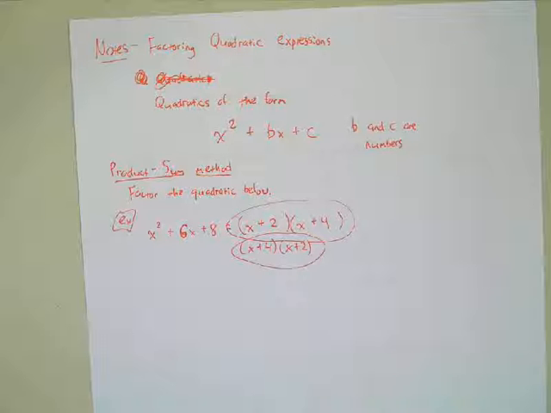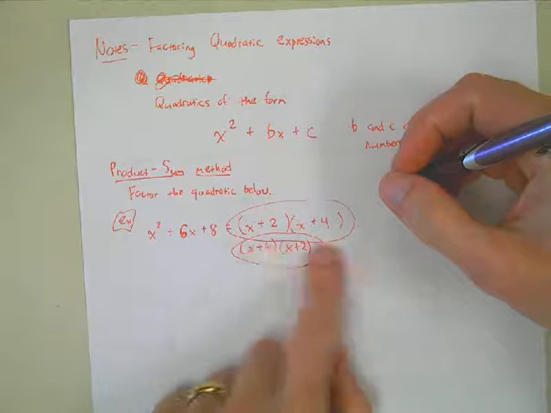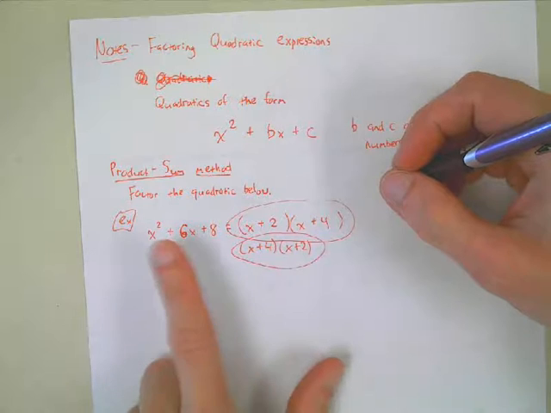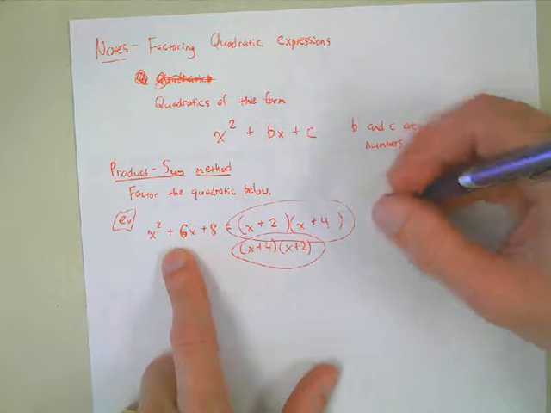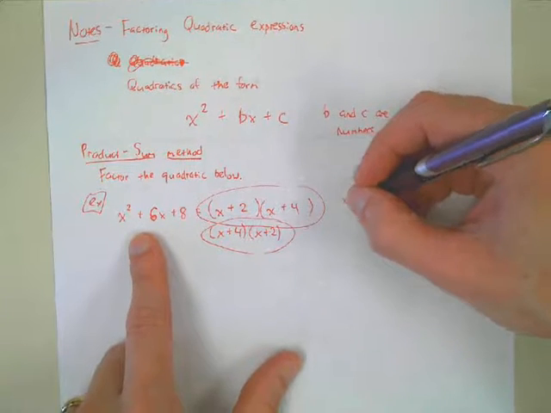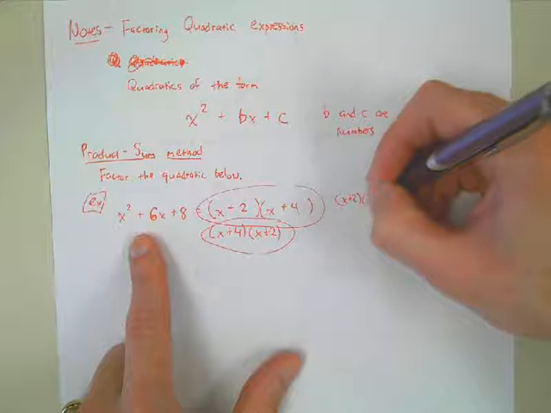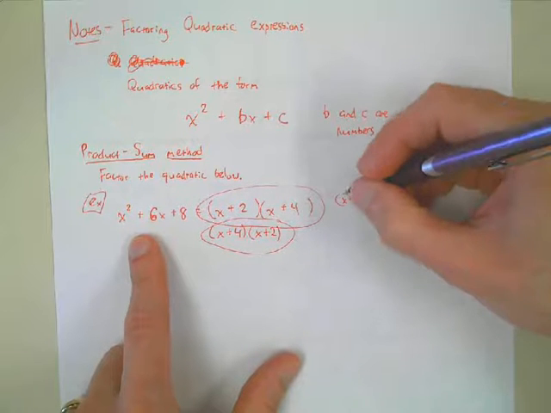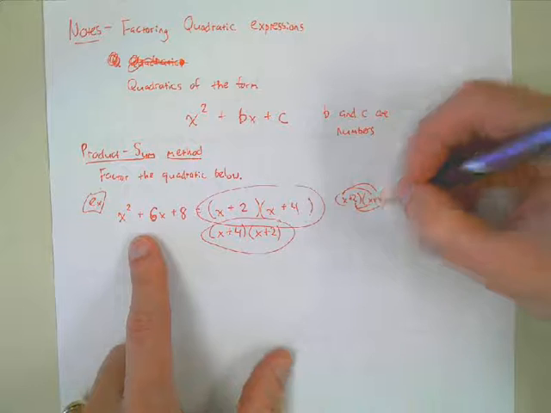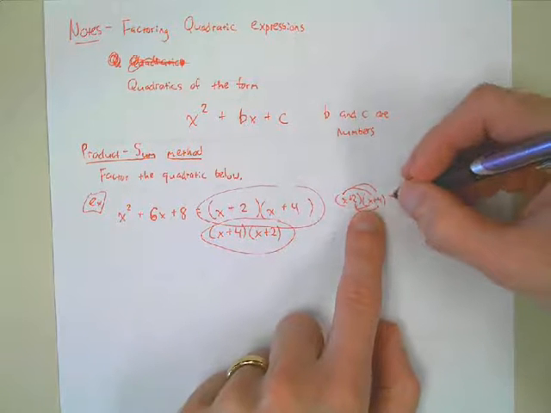And no one in here should wonder whether they got the question wrong or whether they got the question right or not, okay? Because we can FOIL this back out to check. So if I take that x plus 2 times x plus 4 and we FOIL it back out, or if you do the distributive property, however you want to say it there, okay? X times x is, whoops, I should put an equal sign, not a plus sign there.